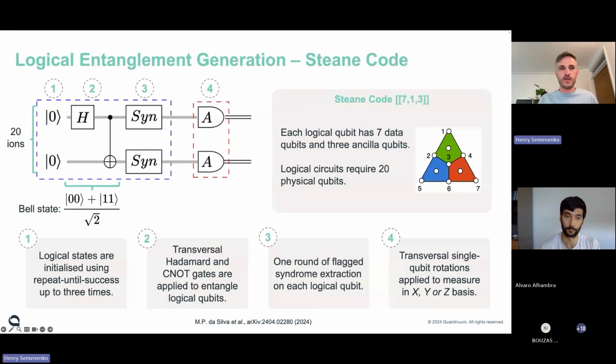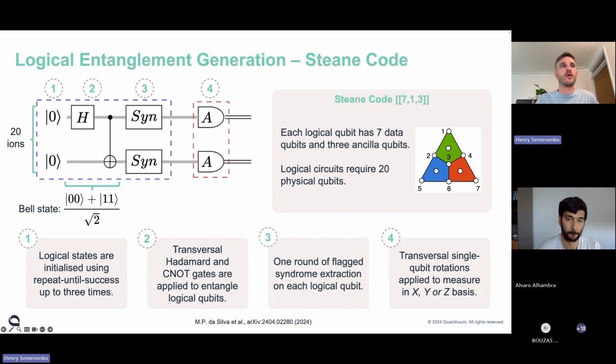Delving a little into the actual demonstration that was performed, first looking at this Steane code. As I mentioned, there are 7 data qubits, the 7 physical qubits that make up our logical qubit. But to perform our operations, we also require ancilla qubits that will be used to do our syndrome extraction to check whether there were errors.